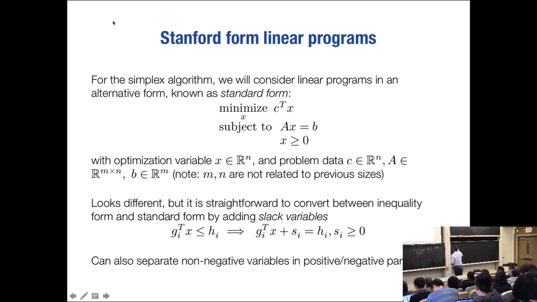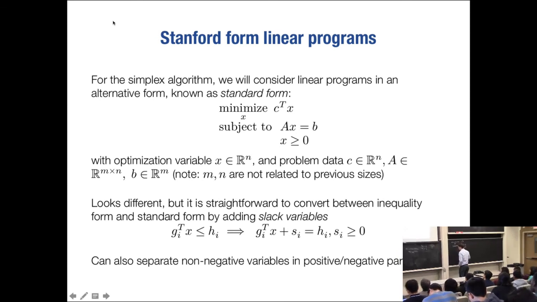So this is just convention. A standard form problem says to minimize over x, again, c transpose x. If you're converting between the two, you have to negate one to make it a minimization instead of a maximization. Subject to Ax equal to b and x greater than or equal to 0.